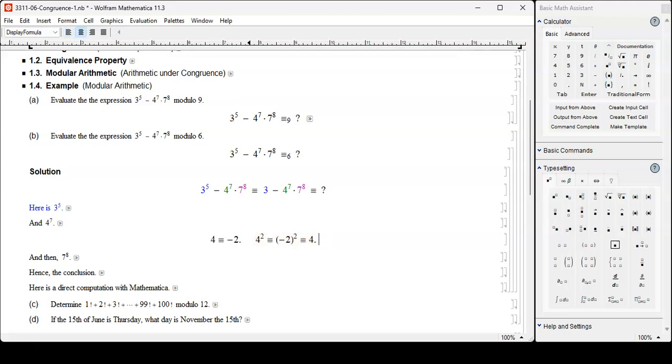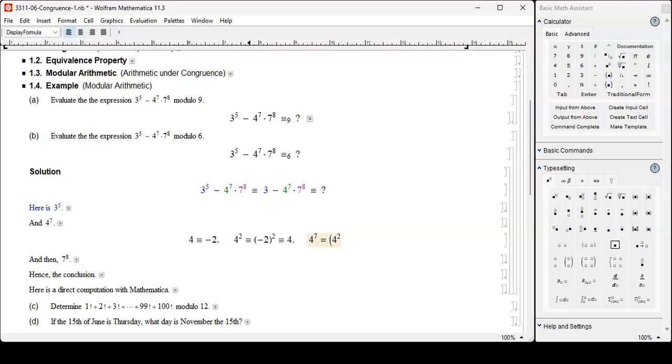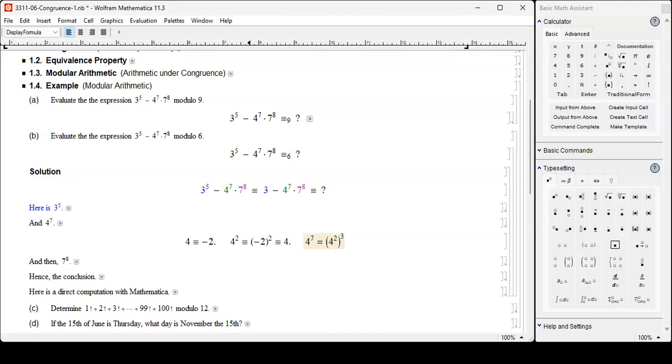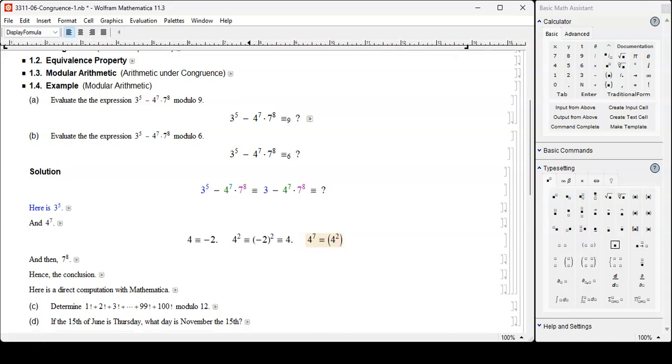All right. 4 to the 7th power can be written as 4 squared to the 3rd power. That's going to be up to 6. No. Let's do it this way. 4 squared, another 4 squared, times 4.